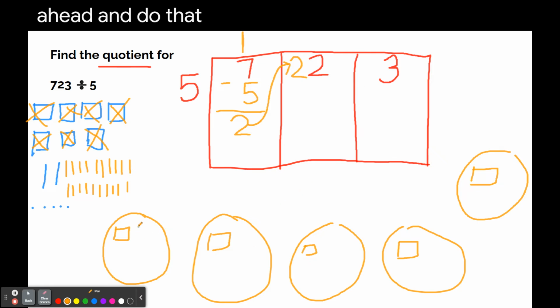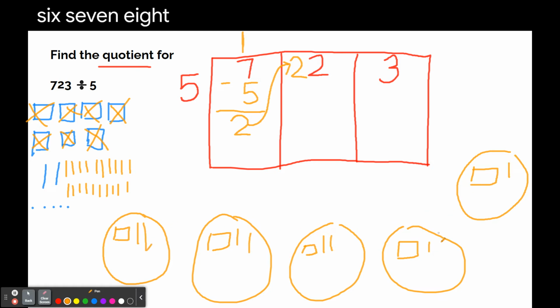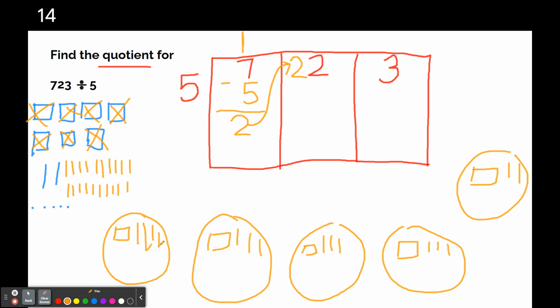Let's go ahead and do that. So I have 1, 2, 3, 4, 5, 6, 7, 8, 9, 10, 11, 12, 13, 14, 15, 16, 17, 18, 19, 20, 21, 22.